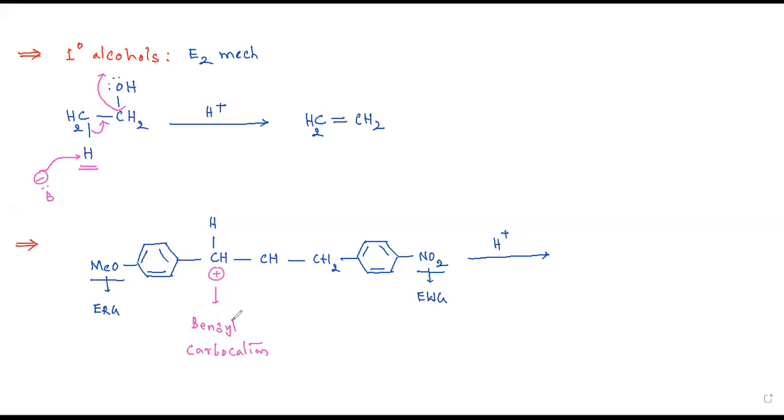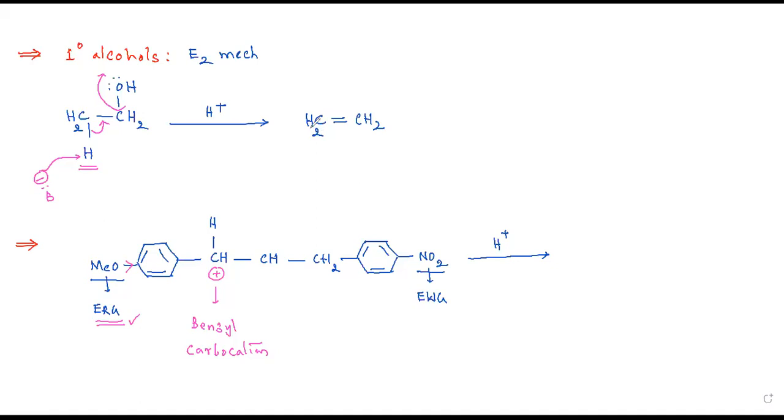But this benzyl is okay because the positive charge is stabilized due to the electron releasing nature of the methoxy group. Never ever generate a positive charge on this, because you will get destabilized because of the electron withdrawing group. See that the positive charge is generated on that particular carbon, which is supported by the electron releasing group.